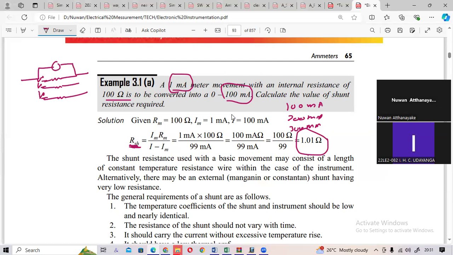If you want to make this 100 milliampere, you can switch this 1.01 resistance. For 200 milliampere, there is another resistance you will get, and at that time you need to switch it here in this one. So by using this concept, you can make a multi-range ammeter.